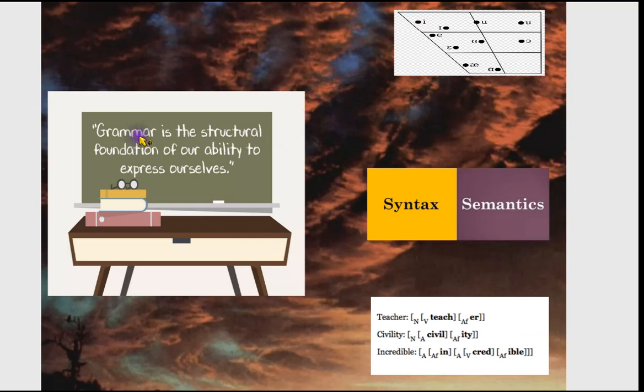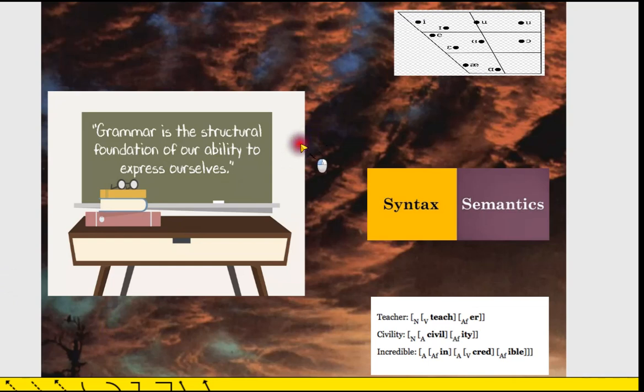So, here we have yet another one. Grammar is the structural foundation of our ability to express ourselves. So, grammar has many components, of course, but basically we work with phonology, syntax, semantics, and today's main topic, which is morphology.